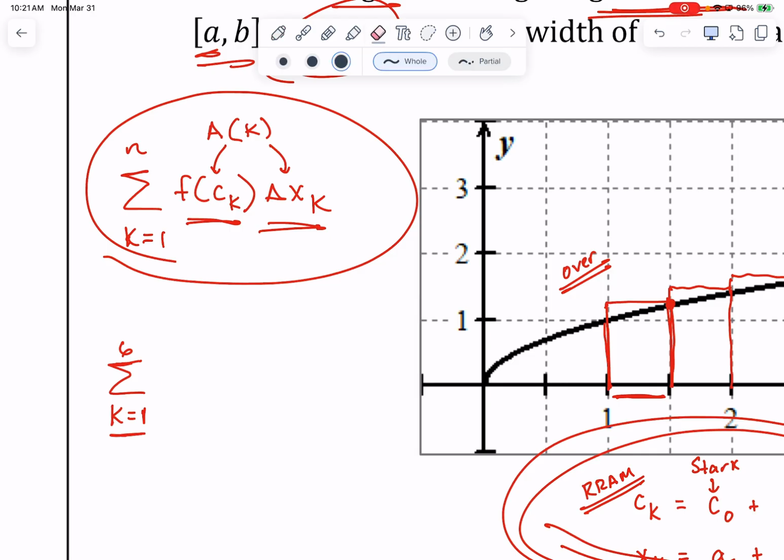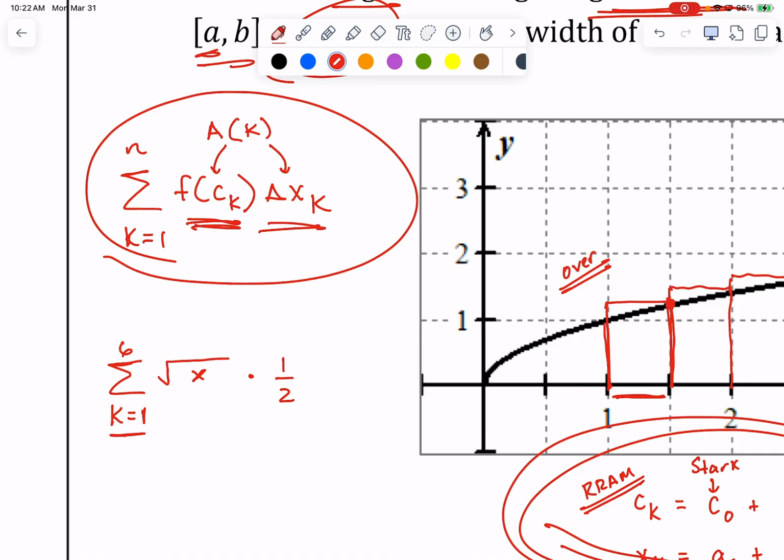What is our equation here? It's root x. So it's going to be just root x, or c sub k, times delta x. Now we need to figure out what delta x is. It's 1/2. So we've got root x times 1/2. This is our equation.